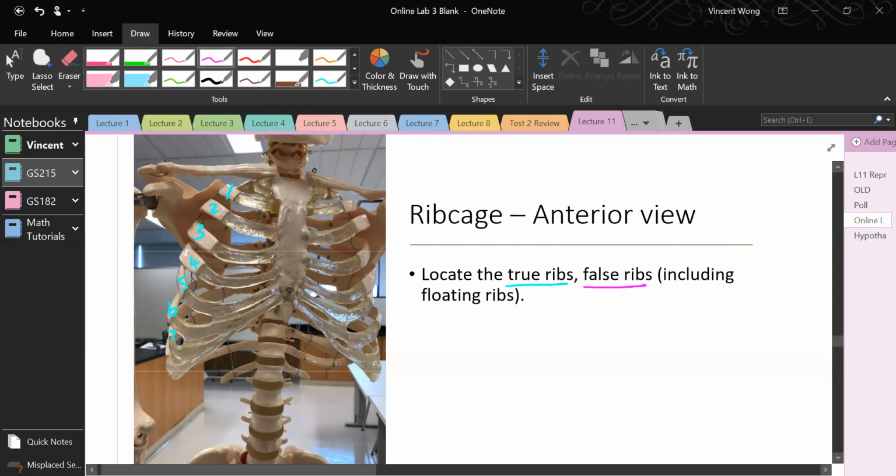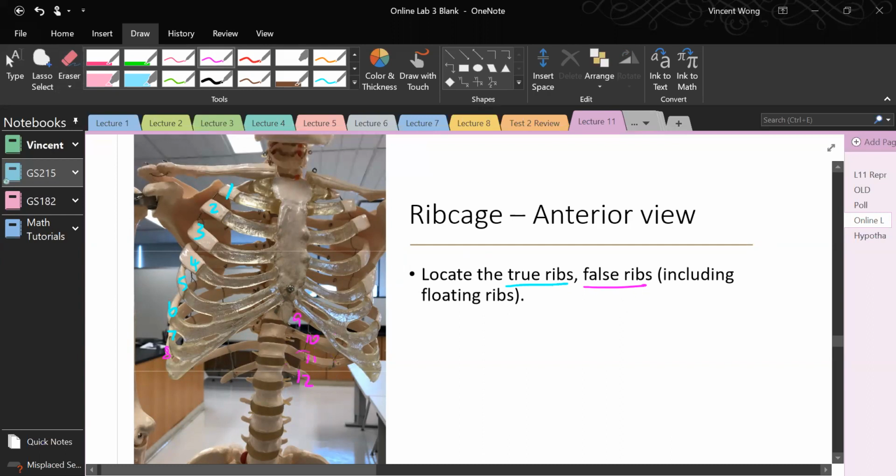The false ribs are number 8 to 12. So number 8 is here, right? Number 9 is hard to see, but it's going to be over here. 9, 10, 11, and 12. Okay. It's much easier to see on the actual model.